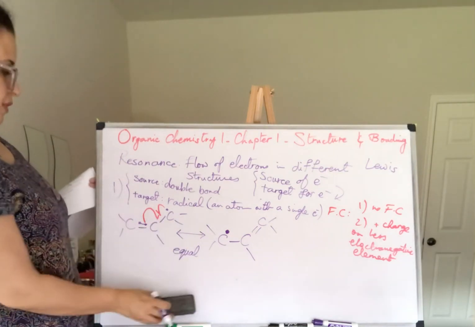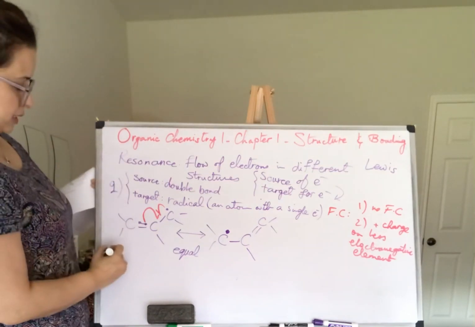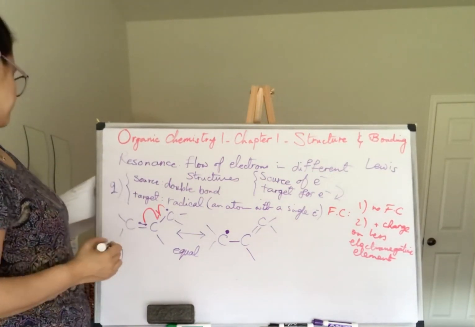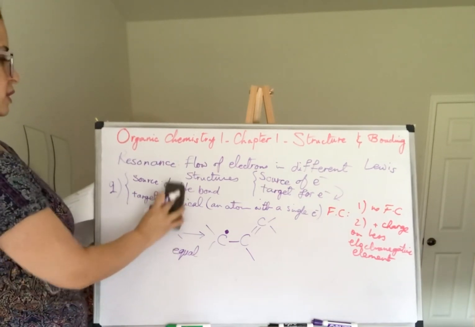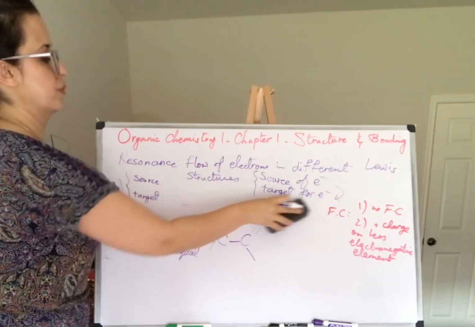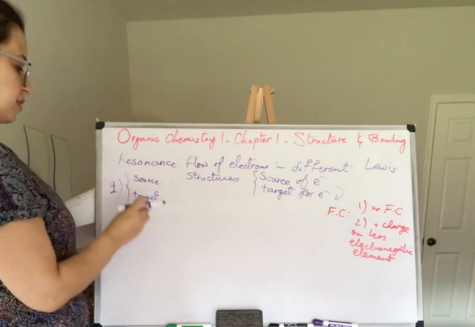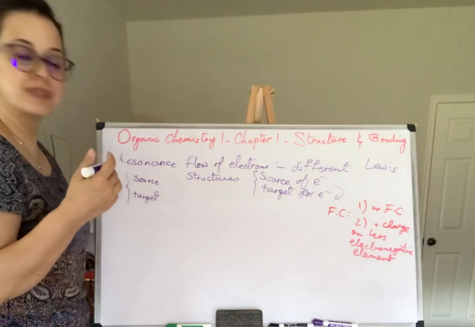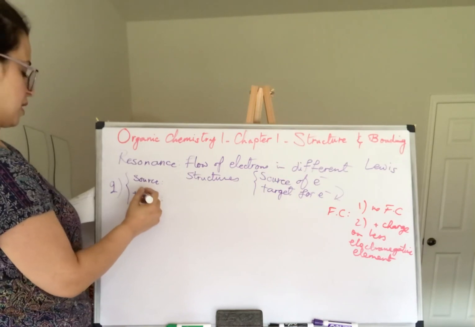Ready for the third one? I'm sorry, that was the second one, right? So let's work on the third one here. You can see better. The first and the third one are the most common conditions for source and target.